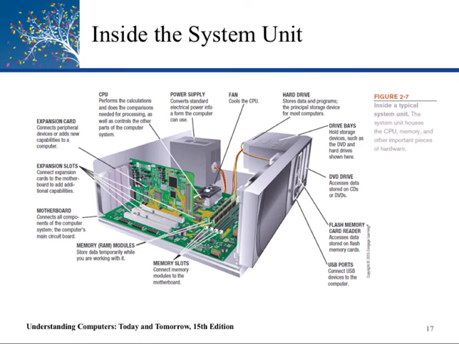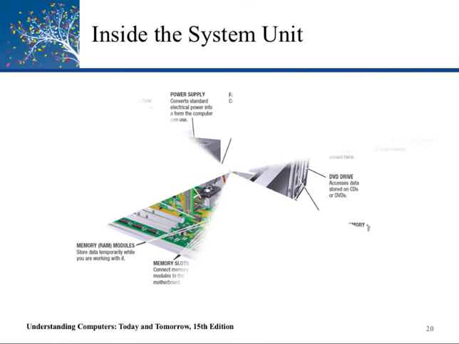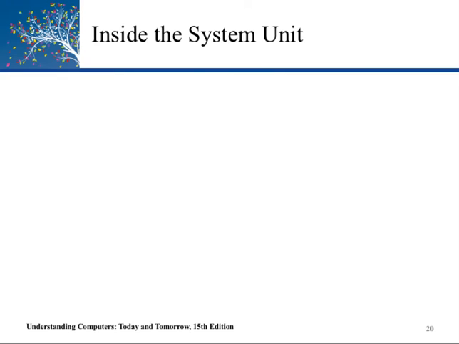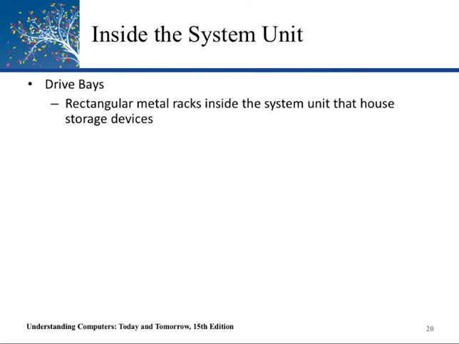Okay, so we covered kind of the motherboard and that. Let's take a look at the front of this unit, these different drive bays, and what's going on there. All right, so when we talk about a drive bay, this is where we can get some storage devices or some input and output. It's a rectangular rack for the most part. It's in the front of the unit. Now for this, I'm really focusing in on the desktop machines that have the magic box.